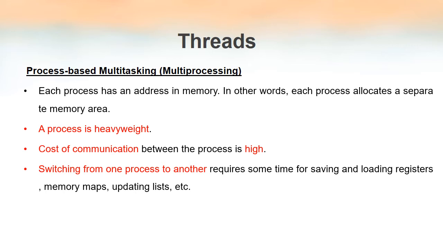So we have to store the values of the existing variables and arrays somewhere, because inside P2 we will be doing something, and then we will come back to P1 again. When we come back to P1, we must get the previous values of all the variables and arrays. So we must save all those variable values and arrays somewhere, which makes this switching process very difficult. I hope you understood.